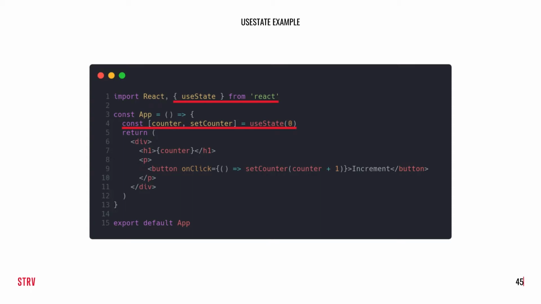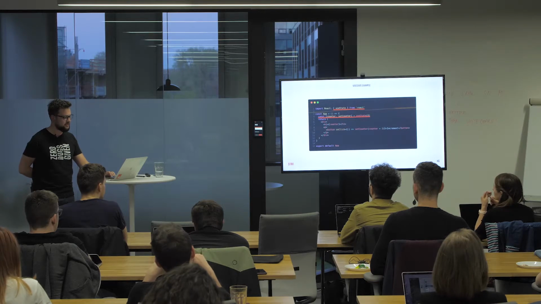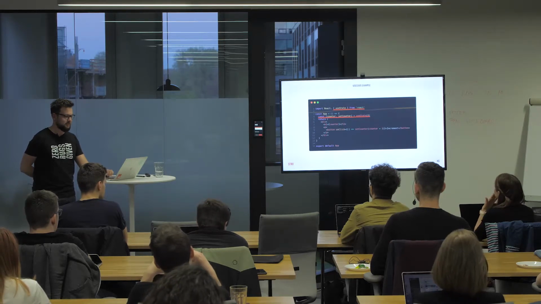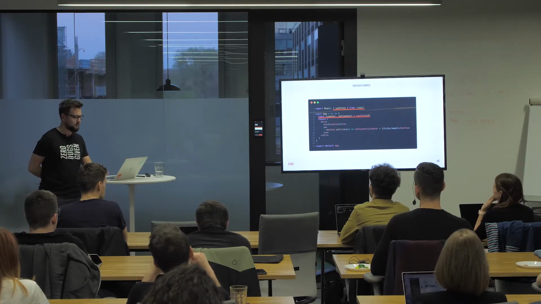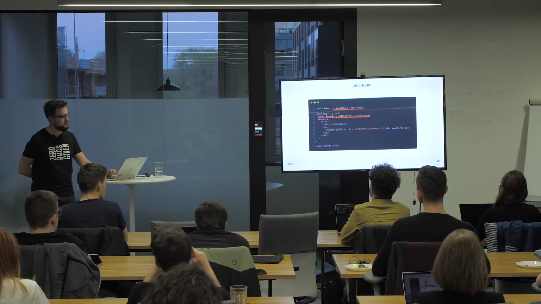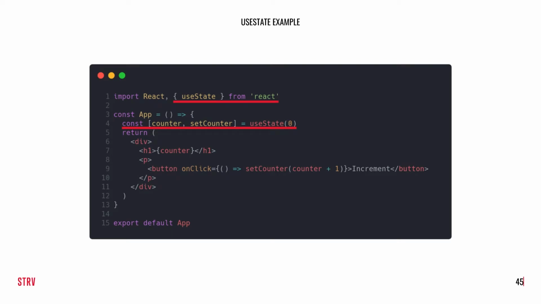Second one is a function to modify that state, and useState takes one argument, which is the initial state. As you can see here, this is a component that provides a really simple counter. You have a button, on click you will just increment the number, and it's done in, like, one line of code.